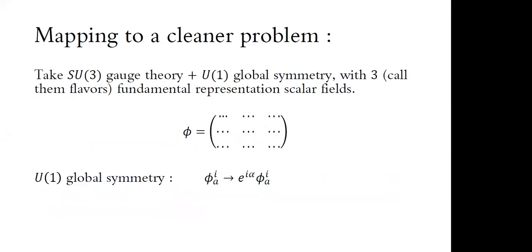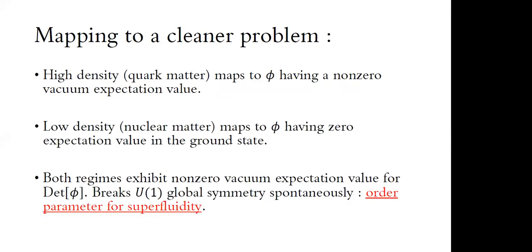Every single entry of phi is a diquark object, so if you take a determinant, that would be a 6-quark object. So that has a non-zero expectation value in both nuclear matter and quark matter. And this determinant of phi breaks U(1) global symmetry spontaneously because it corresponds to the 6-quark operator, which is a dinucleon operator. And so the determinant of phi serves as an order parameter for superfluidity itself.